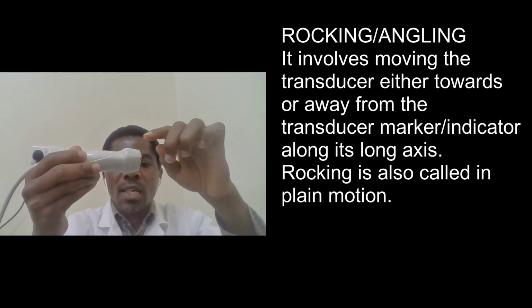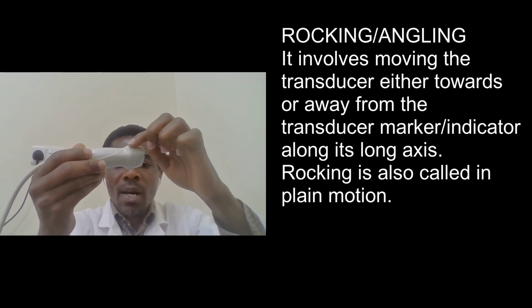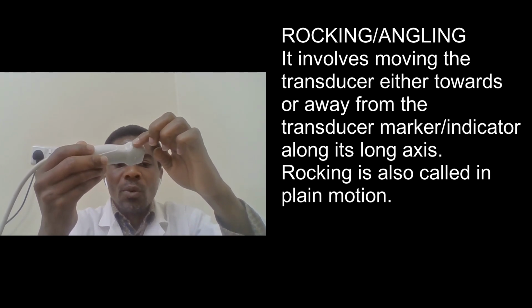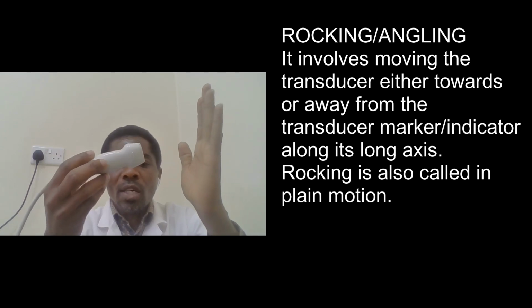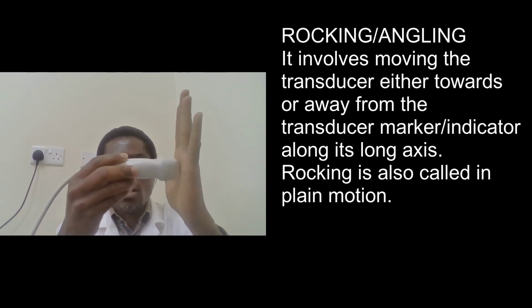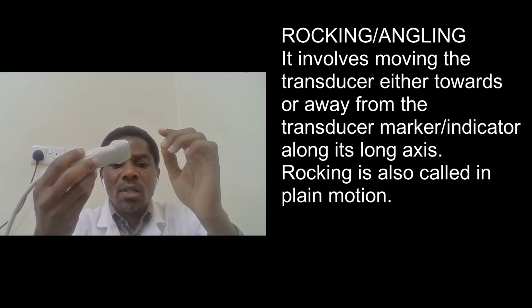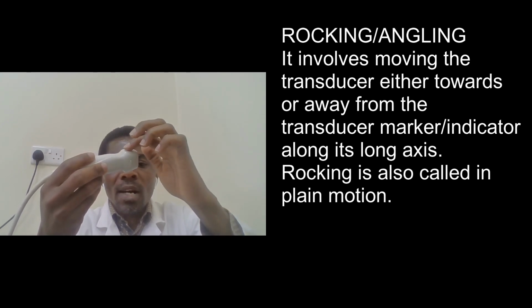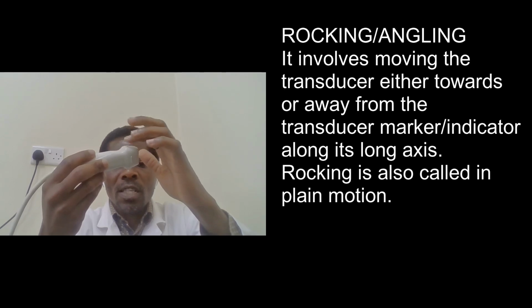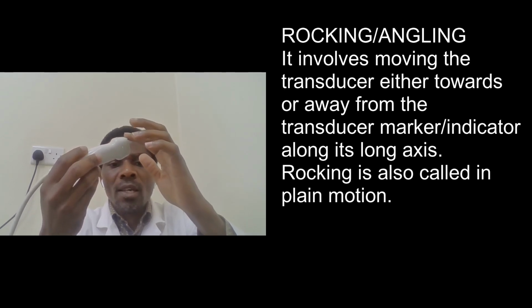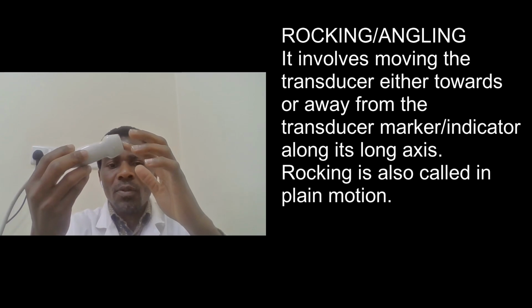So this is the marker of the transducer, and when you are rocking the transducer or angling, you move it towards this marker or away from this marker, but along the long axis of the transducer.